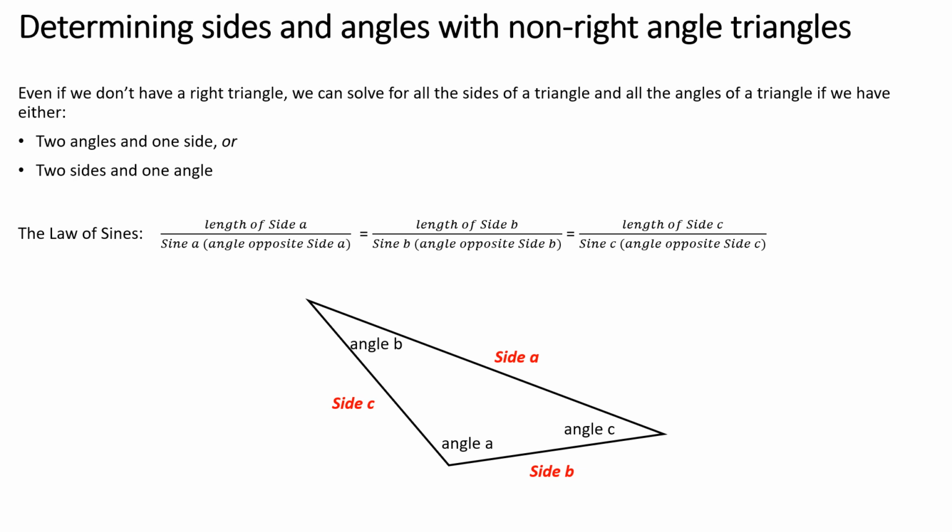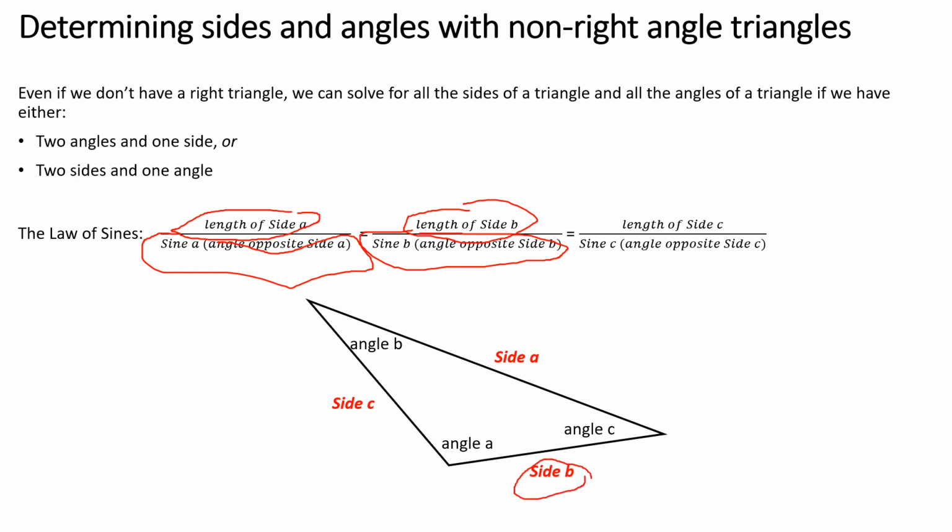The law of sines works if we know two angles and one side, or two sides and one angle. And it's simply this: the length of side A over sine of A is equivalent to the length of side B over sine of B. What I want to recall here is that if we're talking about a side, here's side B, the angle is always the opposite of that side.